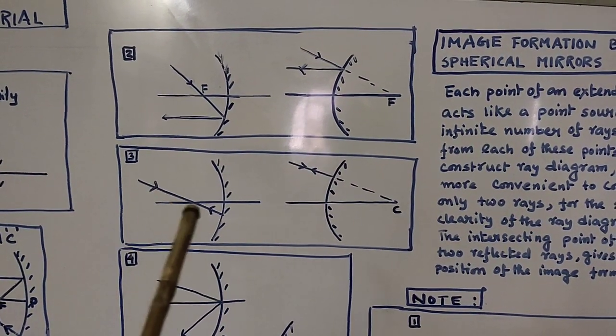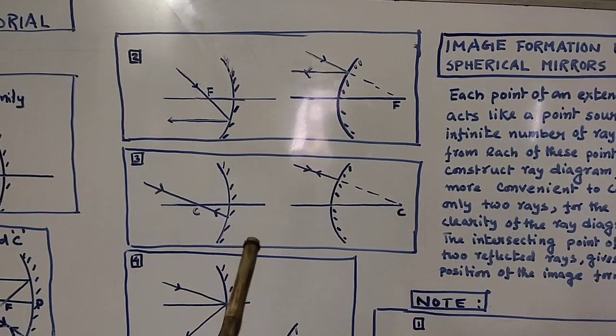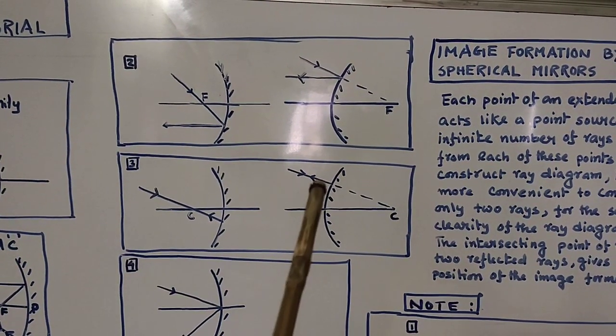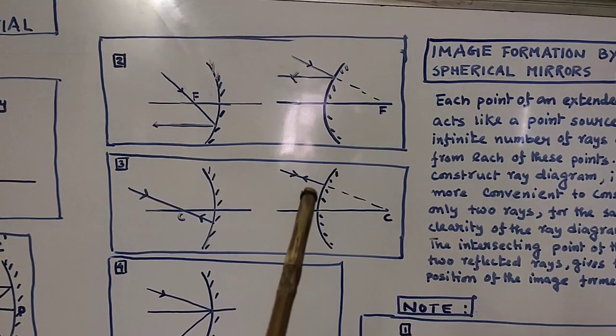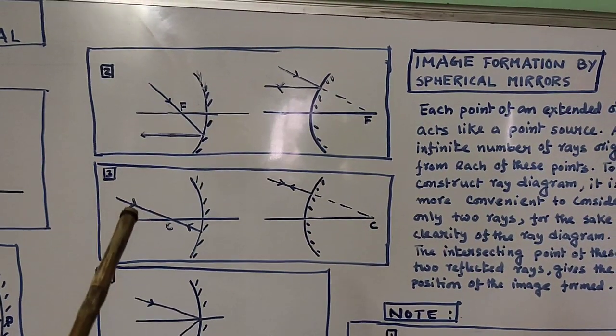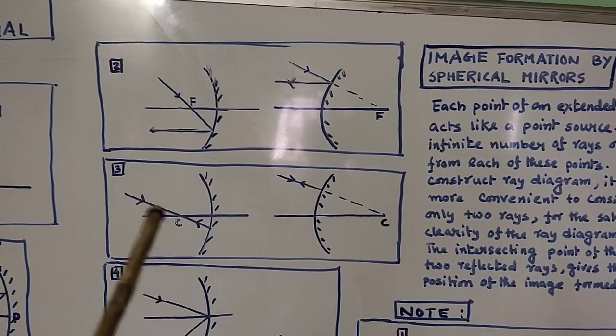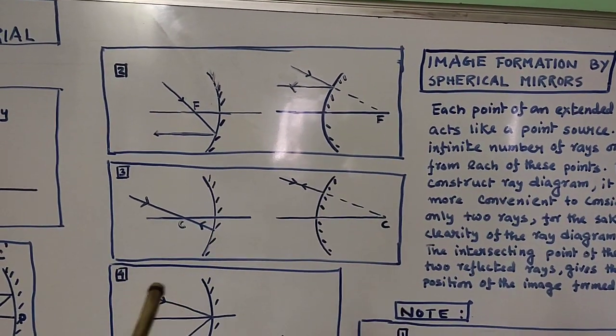So a few more conventions. If a ray passes through the center of curvature, then it moves back on the same path, or if the ray appears to move towards the center of curvature, then after reflection it moves back along the same path but in the opposite direction. Now why is it moving in the opposite direction? Because you see, this is your center and this is your curved surface.